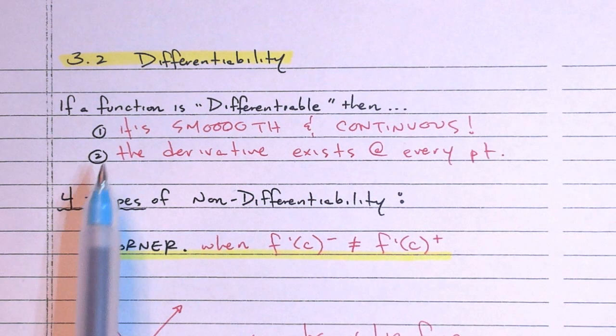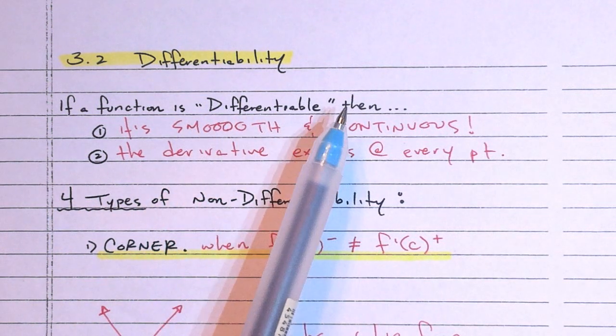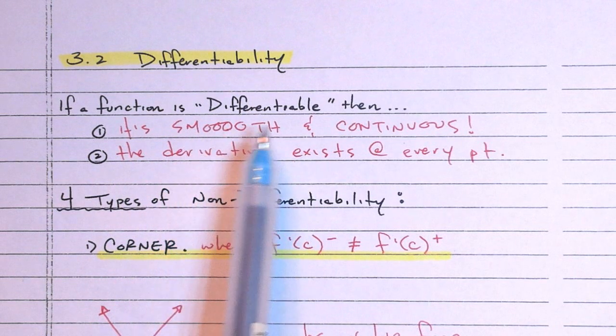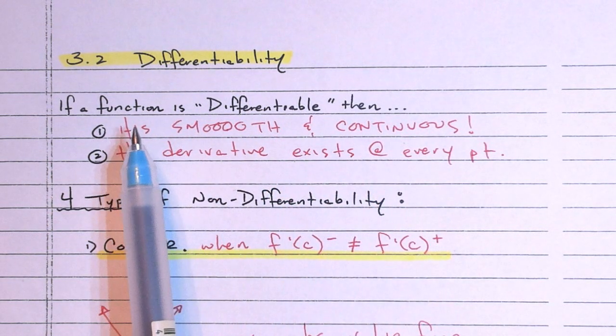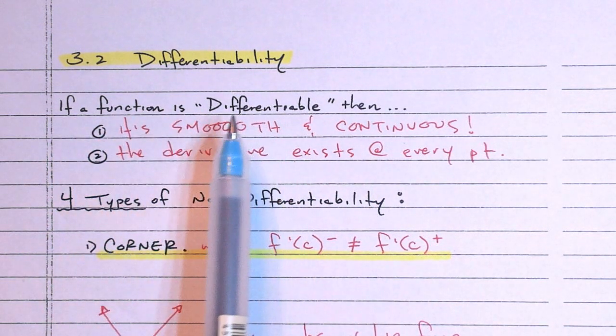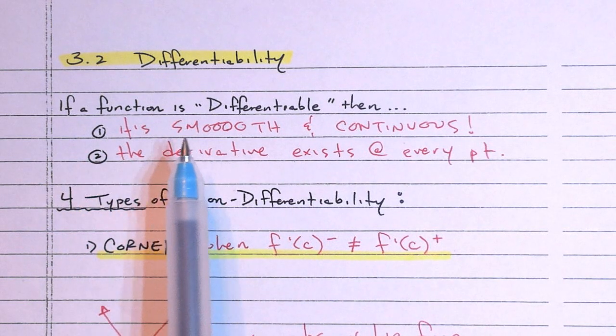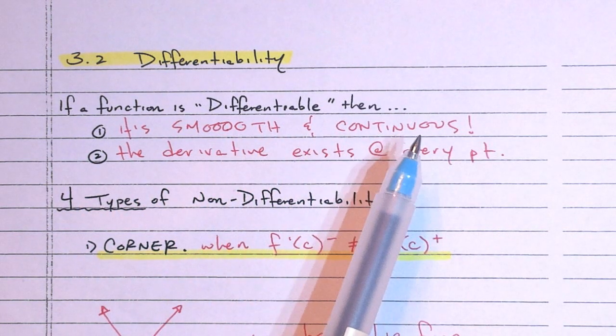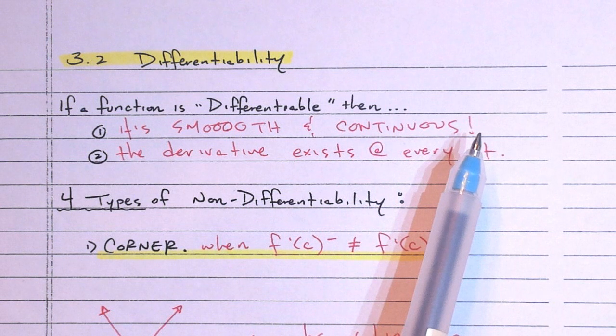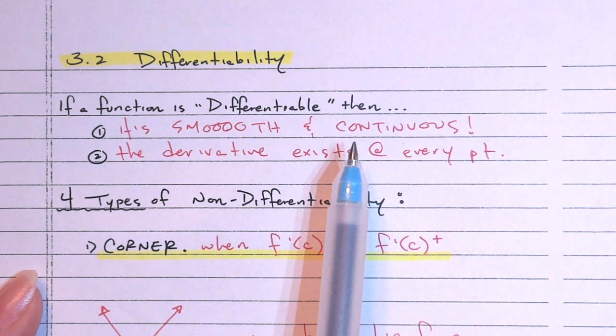So two things have to be true for you to be differentiable along some sort of interval. It's smooth and continuous. Let's say you're talking about the whole function, is it differentiable? Number one, it has to be smooth and continuous. Well, if it's not continuous, it's not going to have a slope, right? So if you have a hole, that point doesn't have a slope, so it has to be continuous.